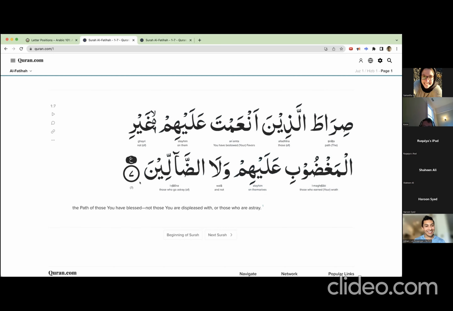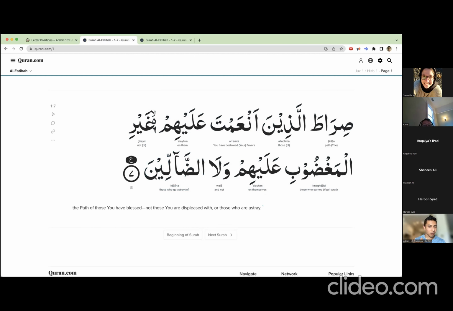Sirat alladhina an'amta alayhim ghayril maghdubi alayhim wa lad-dallin. Wonderful. But it would actually be ghayril, because I don't think I put the e.